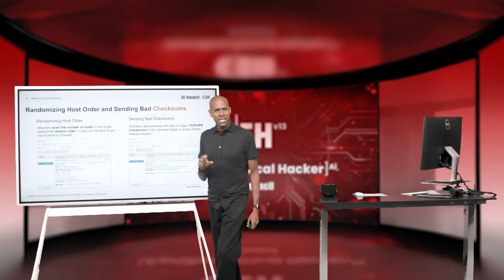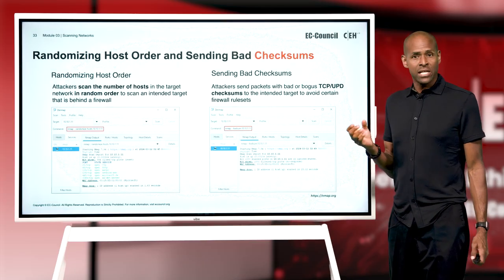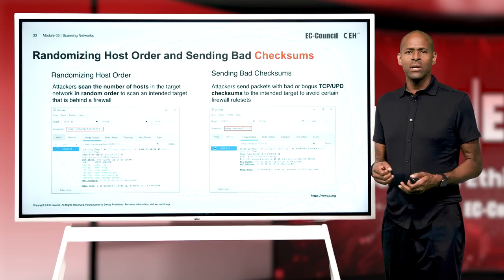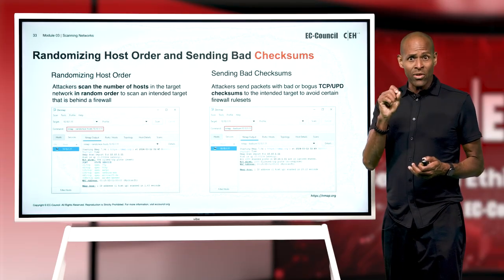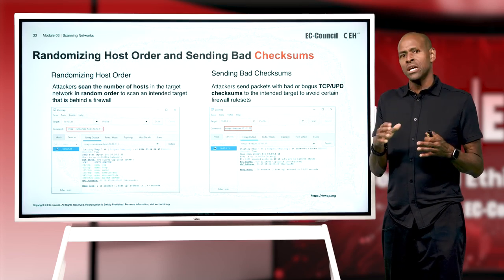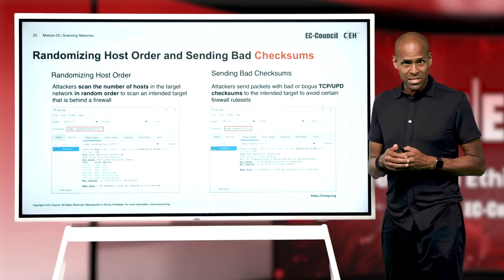In the TCP header, there is a nice little area called checksum. What is checksum all about? Well, what it does is, down to the bit level, it makes sure that not one 1 or 0 has changed in the transmission of this TCP segment.